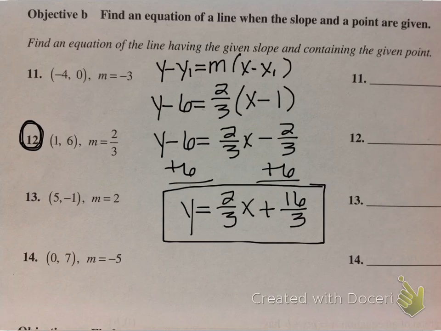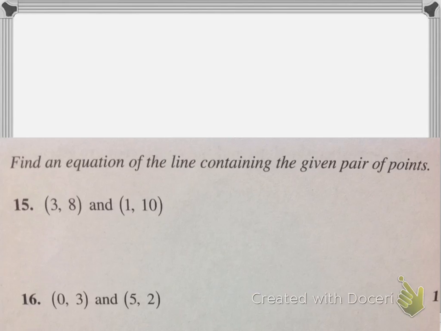So this problem, we were given a point and a slope. What happens if they don't give you slope at all and they give you 2 points? So here's a couple problems where we're given 2 points and the directions are the same. We still have to find an equation. Well, the first thing I'm going to have to do is find a slope, because we definitely need that. Whether we're using point slope or slope intercept, they both contain the word slope.